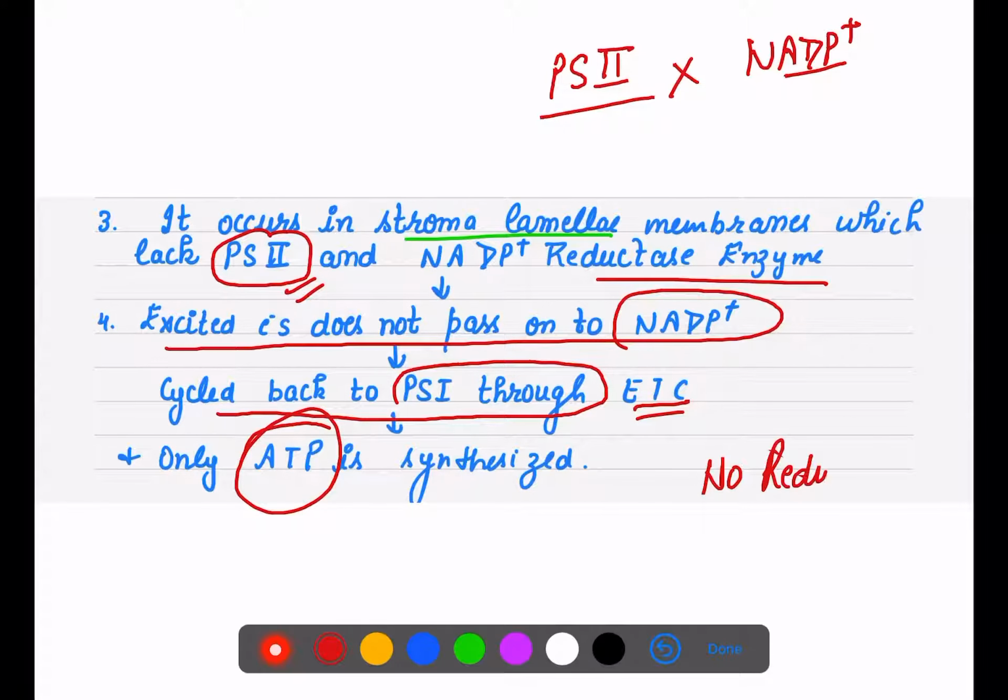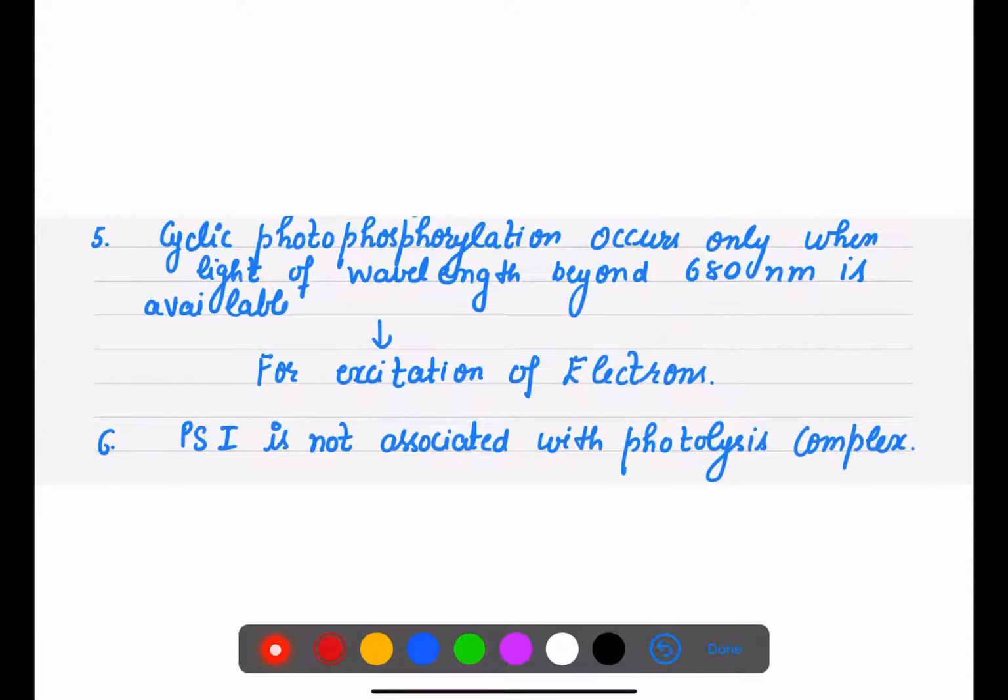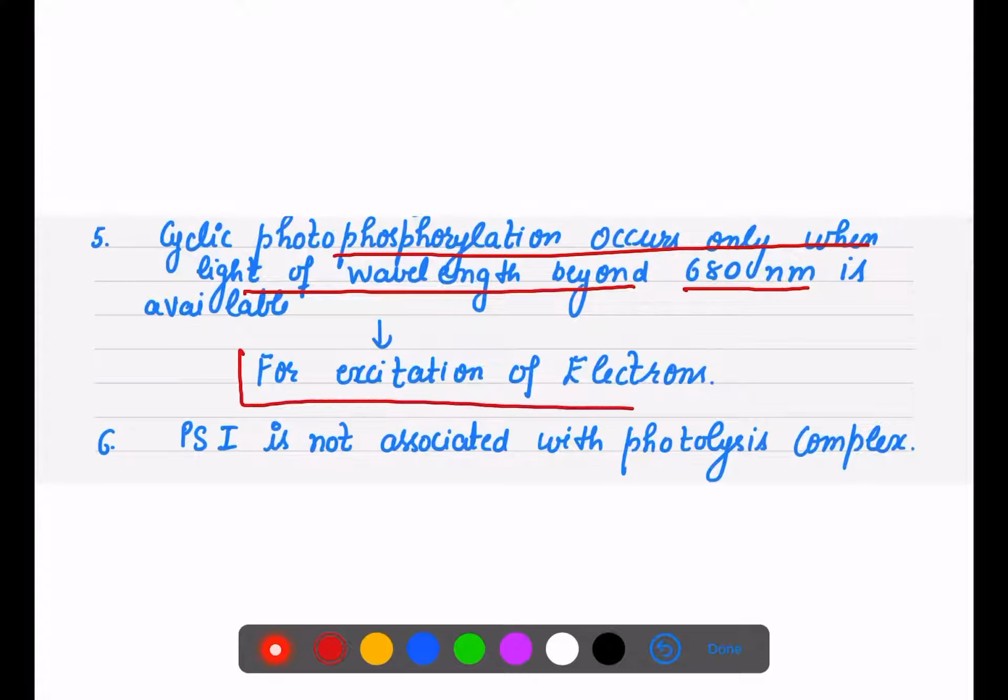No reducing power. What is reducing power? That is NADPH2. No reducing power is synthesized in cyclic photophosphorylation. It occurs only when light of wavelength beyond, meaning more than 680 nanometer, is available for the excitation of electrons.